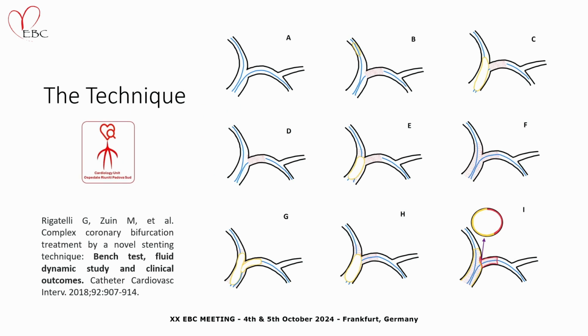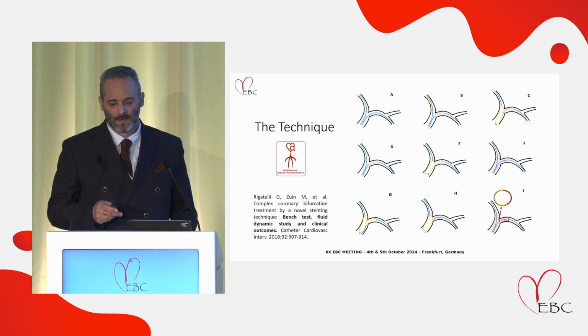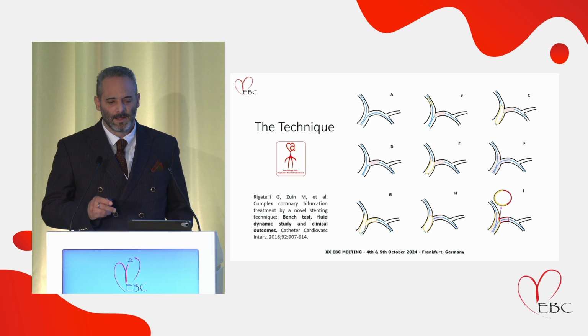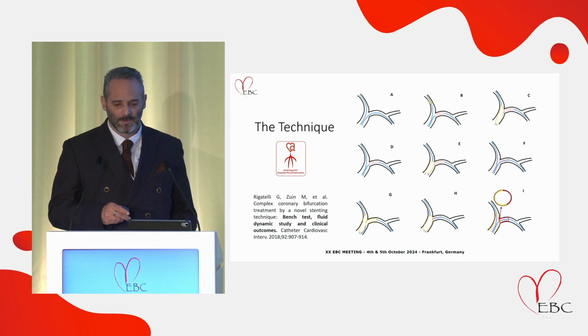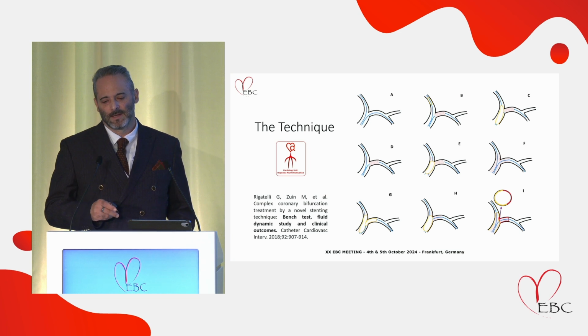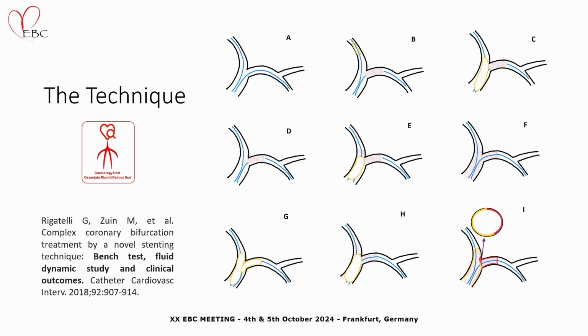Just to remember, the non-inverted technique was called in the past nano crush, and then we changed the name to be more consistent. Very briefly, the only thing that differentiates this from another double stenting technique is that the side branch is covered as a mixed coverage, in part by one small shoulder of the first crown of the side branch stent, and the other by the struts protruding from the main stent into the side branch.